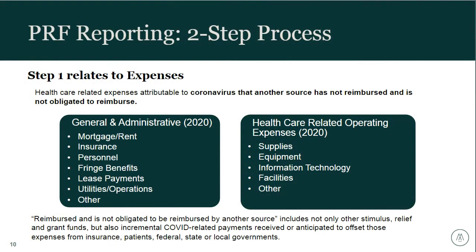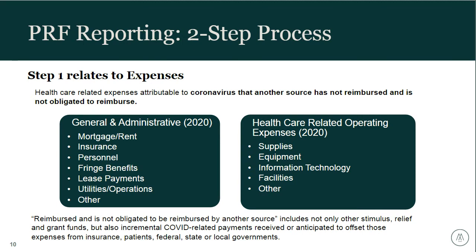So you'll see in that reporting guidance document, there are 4 different sections of data that you're providing. The first section, demographic data, is really easy. You know who you are. You'll be able to fill that out. The important parts are in a 2-step process, and the first step is related to your expenses.